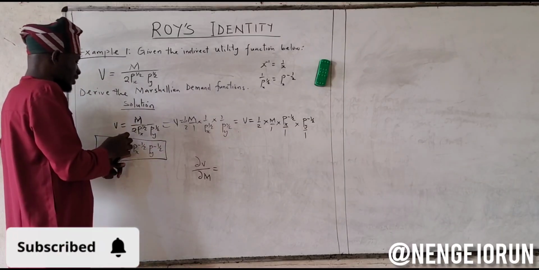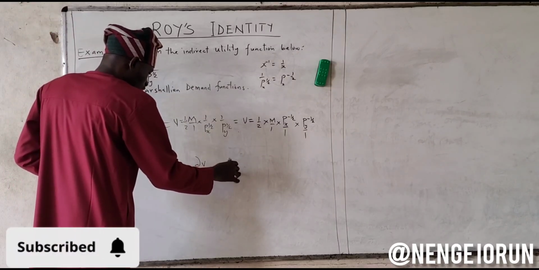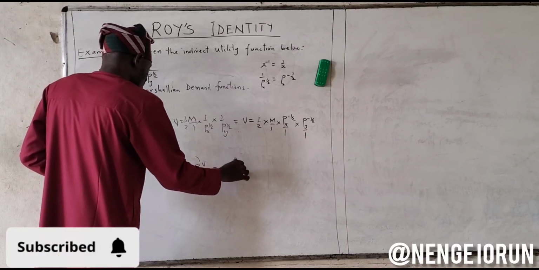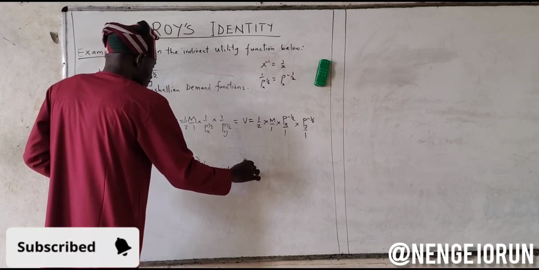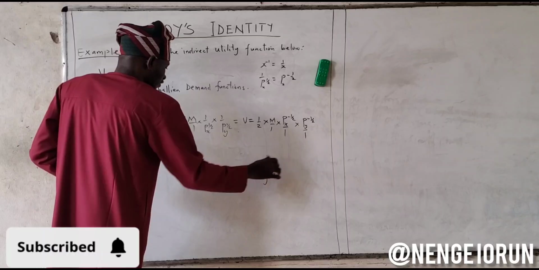The power of M here is 1. So that is 1 times 1 over 2 times M raised to the power of 1 minus 1, Px raised to the power of negative half, Py raised to the power of negative half.